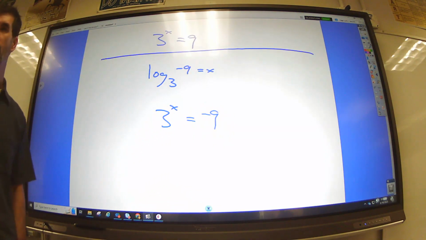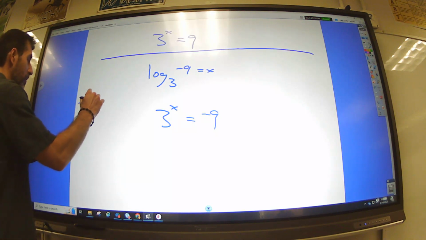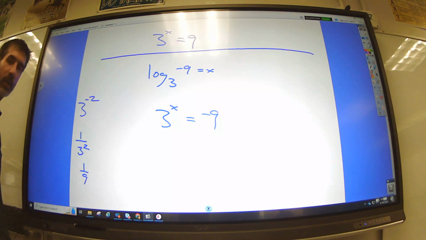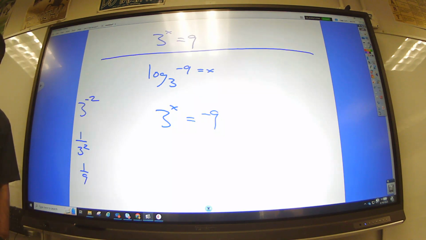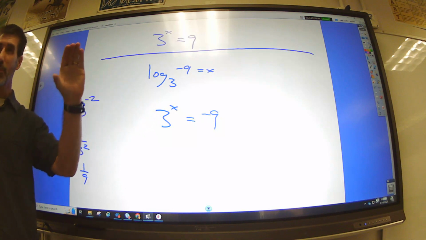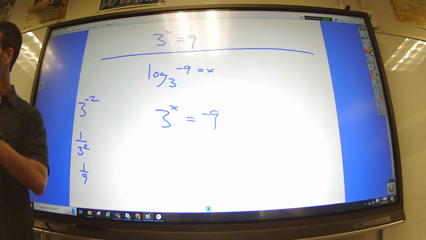Well, it's 1 over 3 to the positive 2, which is 1/9. Is my answer negative? No. The other answer I heard was you can't do it. Can I plug in any number here to make this negative? Because what do exponents do? It says I multiply the number by itself over and over and over again. But 3 is always positive. So my answer cannot be negative. And the rules of exponents says we also cannot put a negative here too, by the way. But this always has to be positive. Guys, get it? Make sense? Okay, Godzilla time is over.